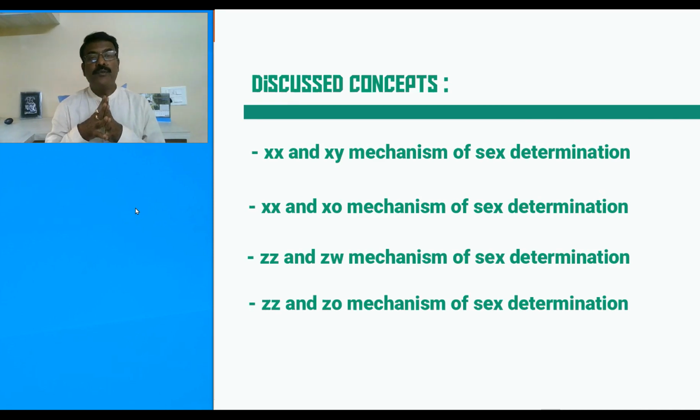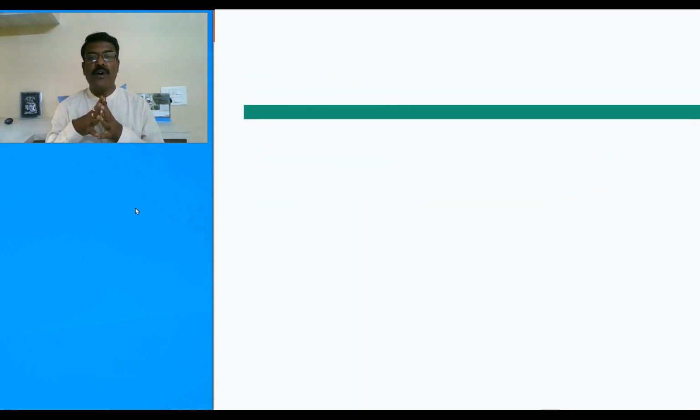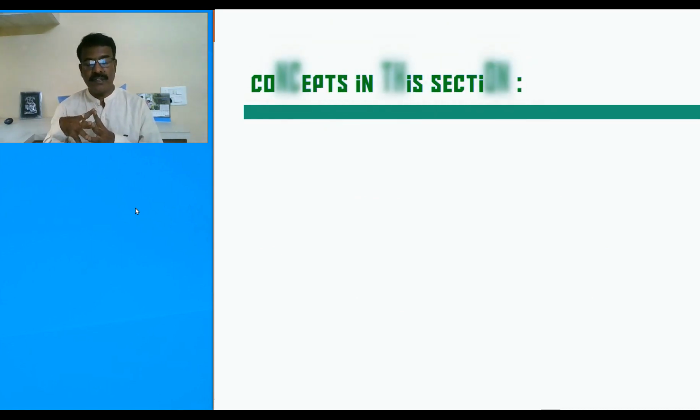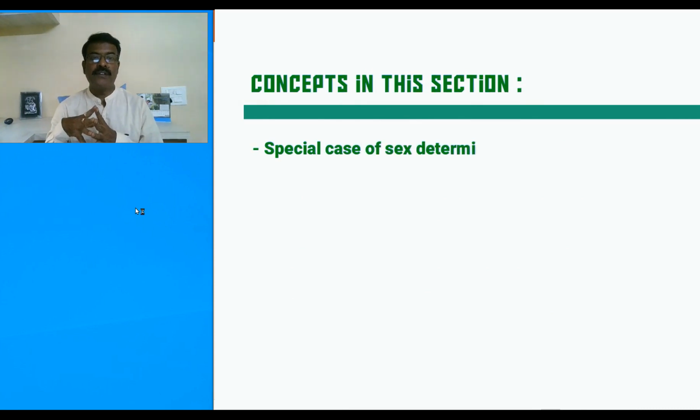In continuation with that slide, today we shall focus on the next few concepts in this topic. The next concept is a special case of sex determination in man and Drosophila.